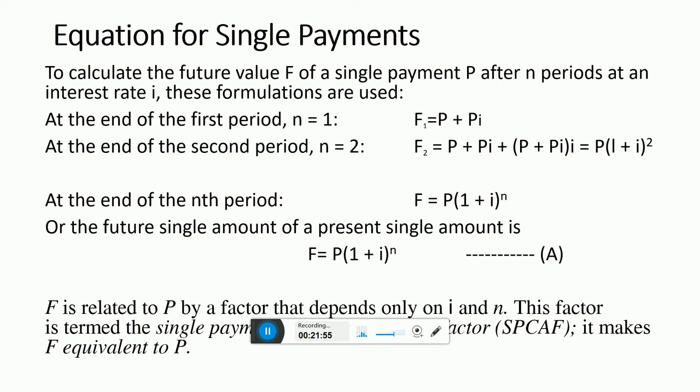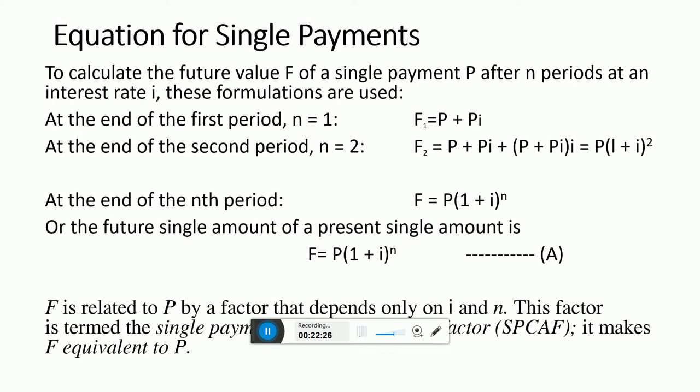Here we have to know that the F, the future single amount, is related to the present single amount P by a factor which depends only on i and n. So this factor is termed the single payment compound amount factor, or SPCAF.